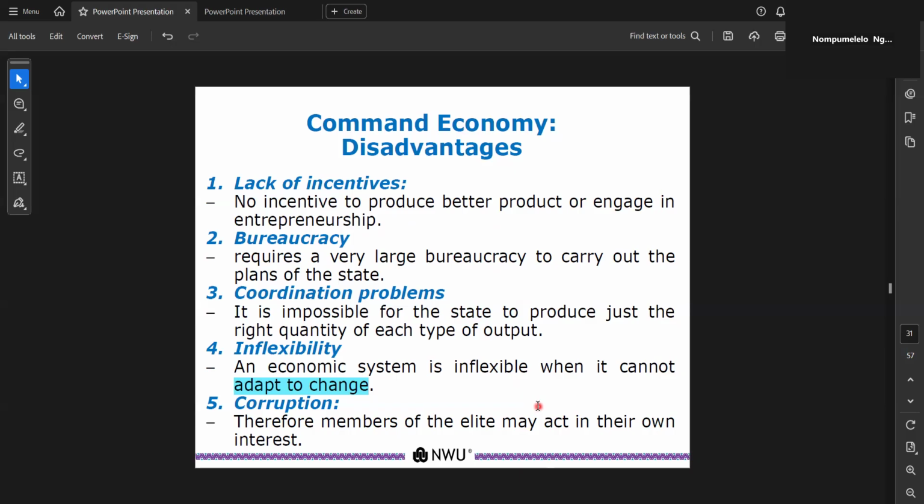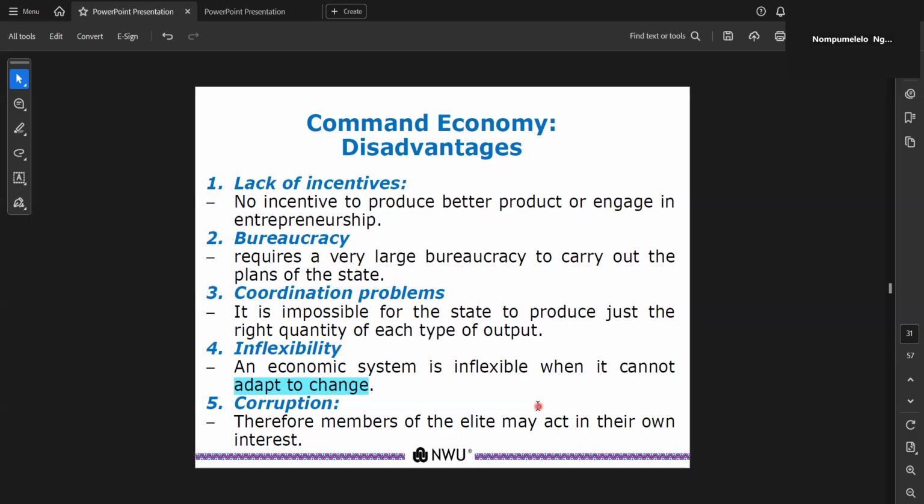Number two, there's bureaucracy, meaning that there are so many rules and regulations that have to be followed. And then coordination problems. It is impossible for the state to produce just the right quantity of each type of good.